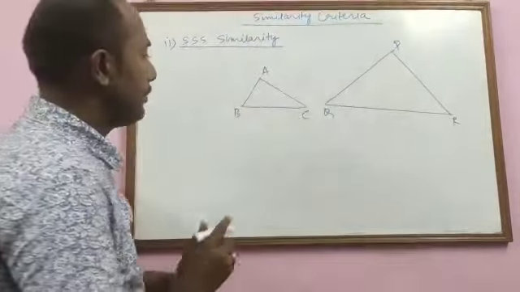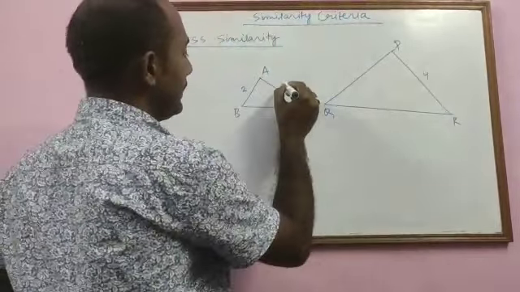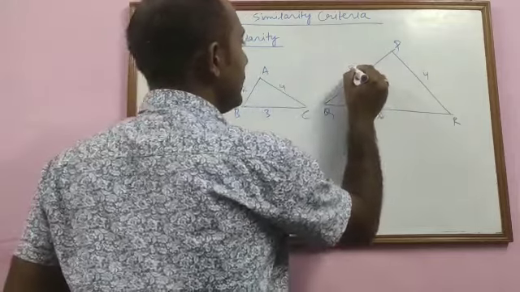Now in this case, suppose I say this length is 2 and this length is 4. This length is 3, this length is 6, this length is 4, this length is 8.